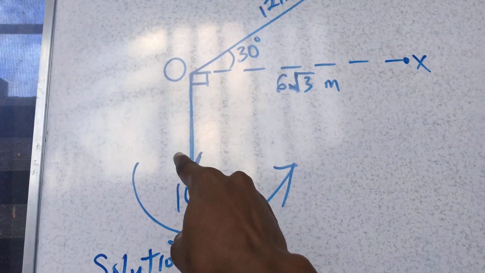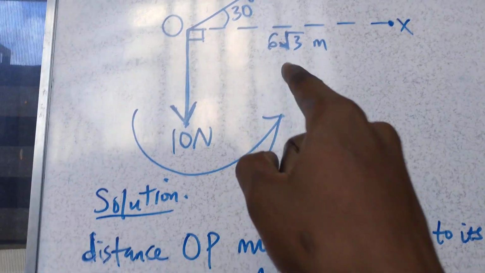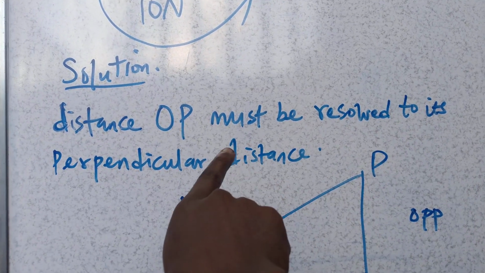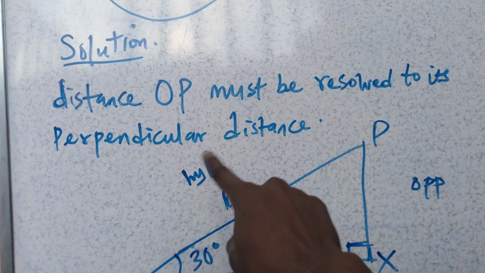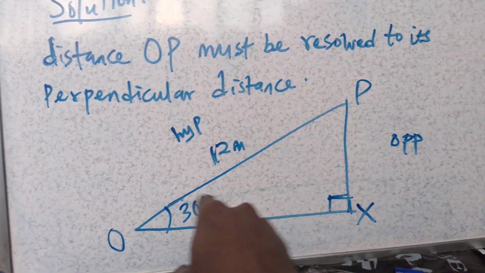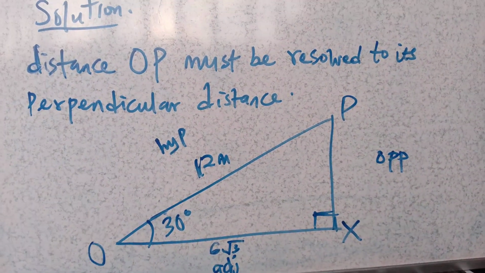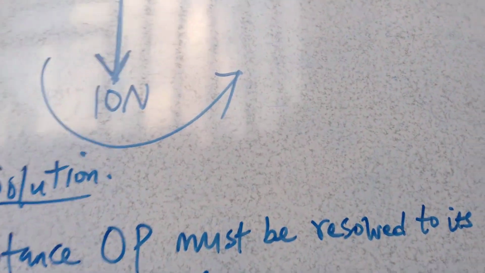Take note: the distance OP must be resolved to its perpendicular distance. We took the right angle triangle, and resolving this way, we had 6 root 3.